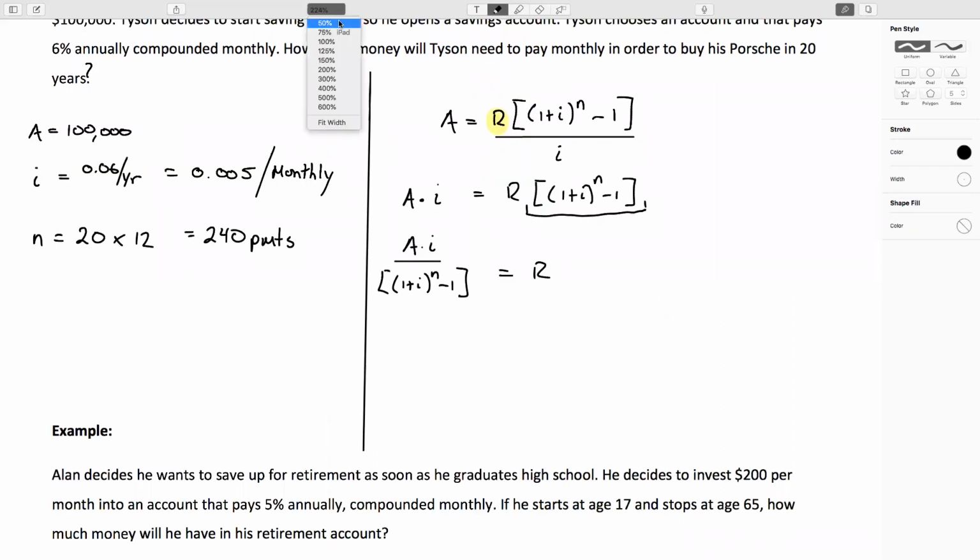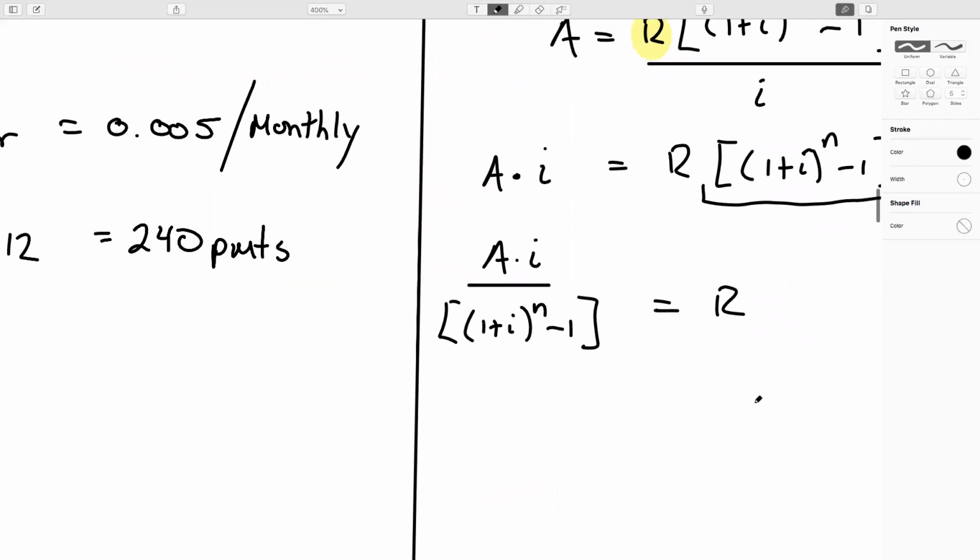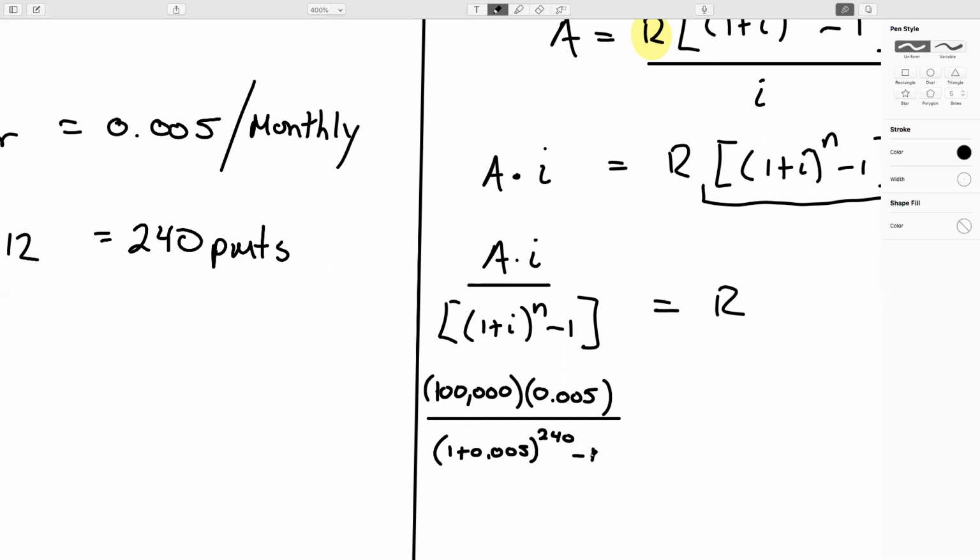Now we're at the point where we can plug in some numbers. So A is our future value, that's 100 grand, times I, which is our interest rate, 0.005. Now our denominator is 1 plus I, so it's 1 plus 0.005 to the power n, which is 240, minus 1. You can do this in one shot, or you can do this in 2 calculations.